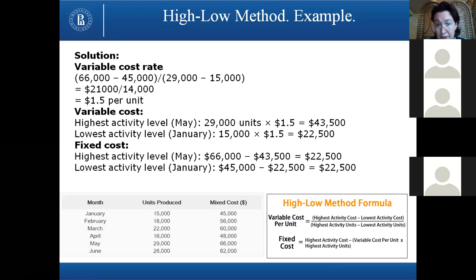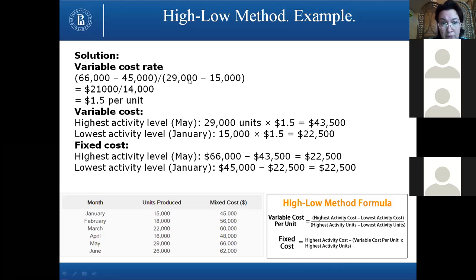In this way we can identify the fixed cost. As you remember, the fixed cost is a constant figure, so we are getting the same result for May and for January.